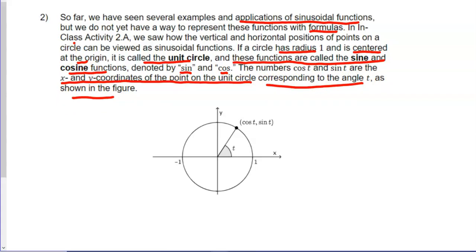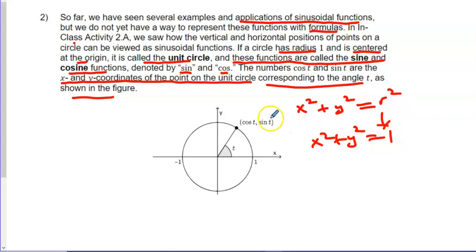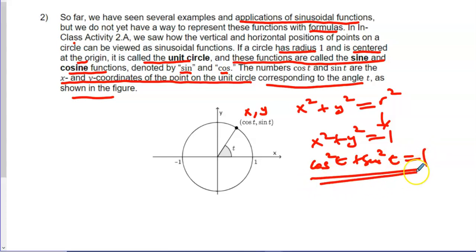Now, if a unit circle has a radius 1, then applying the general formula for a circle, we get x squared plus y squared equals r squared. And so when r is 1, we get x squared plus y squared equals 1. Using cos t and sin t for x and y, this becomes cos squared t plus sin squared t equals 1, which is a very important identity in trig.